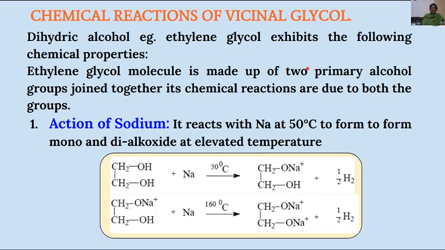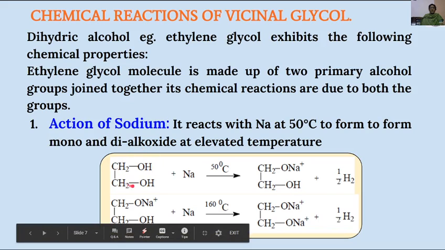First is the action of sodium. Ethylene glycol is basically made up of two primary alcoholic groups joined together. If we react ethylene glycol with sodium at a temperature of 50 degrees centigrade, it is converted into the monosodium salt of ethylene glycol.